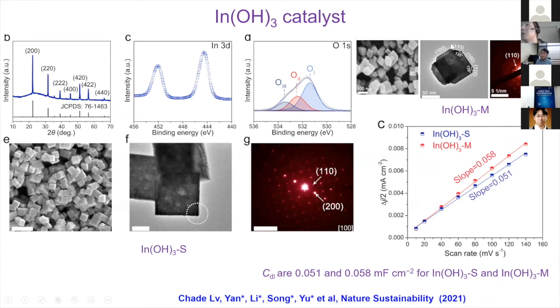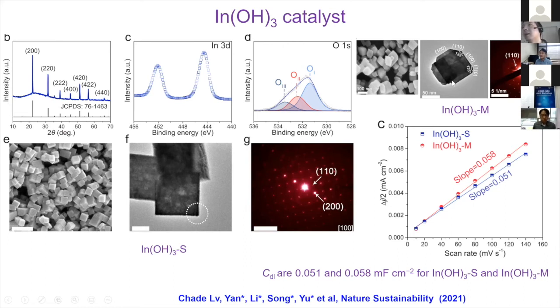In case you want to introduce a little bit more 110 surface, through synthesis, you can get this. There's still 100 surface, but just some 110 surface will introduce additional surface that affects your catalytic surface absorption. Here we want to show that the 100 is the primary active surface. 110 is not.